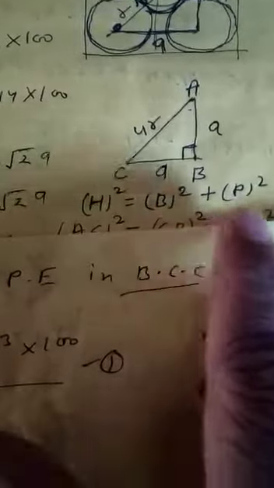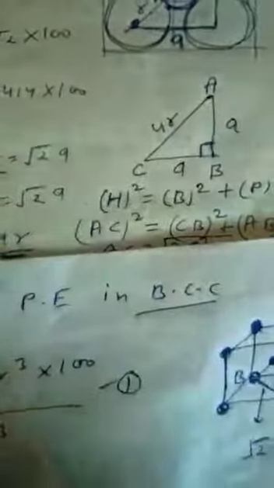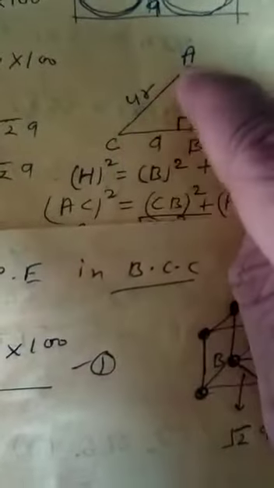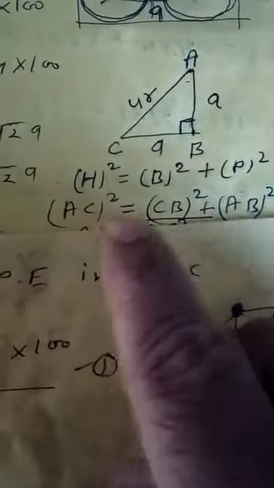So by the use of simple Pythagoras theorem, we have hypotenuse square is equal to base square plus perpendicular square. So when we put in these values, that is the hypotenuse, AC square, that is the base, CB square, and that is the perpendicular, AB square.